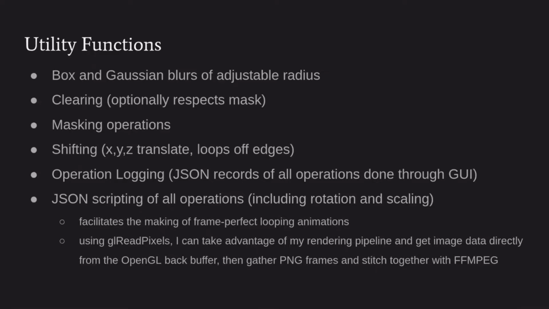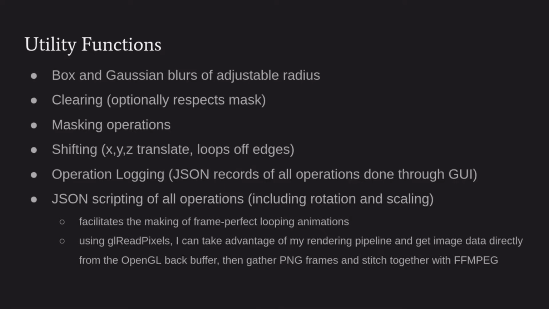The shifting is basically, if I want to translate something in X, Y, or Z and have it loop off the edges. I've heard it described as a torus, but that doesn't really geometrically make sense. It just loops off the edges in all 3 dimensions. It's a little abstract, but it loops when something would translate out of the volume.